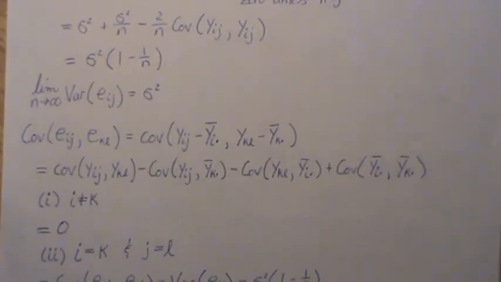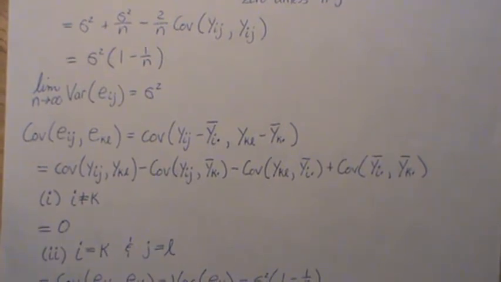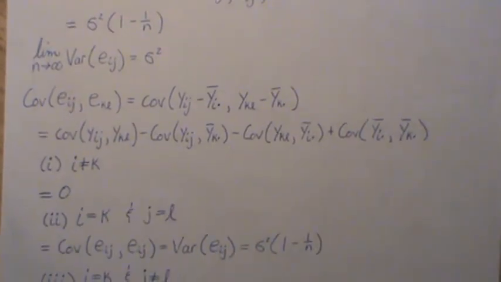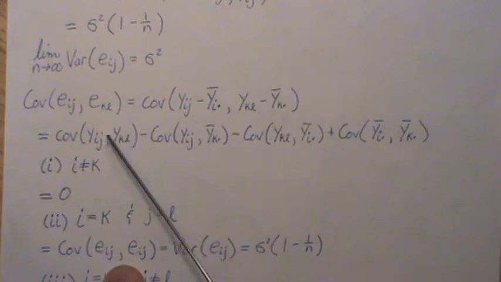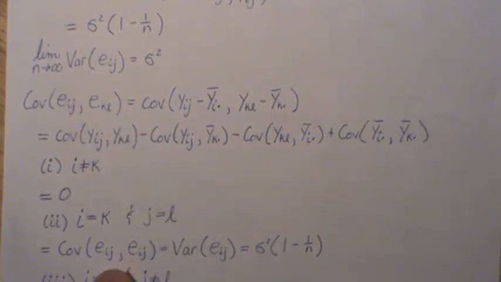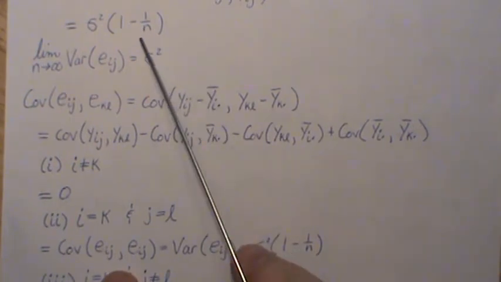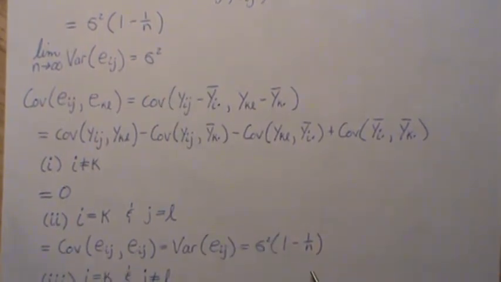Now let's look at the case when I and K are equal, so we're in the same treatment group, and J and L are equal, so it's the same observation. So we have the covariance of EIJ and EIJ, but that's just the variance of EIJ, and we looked at that here, so that's sigma squared times 1 minus 1 over n.